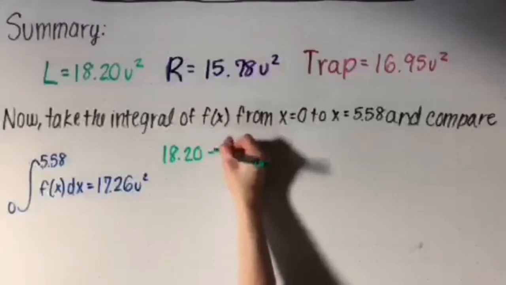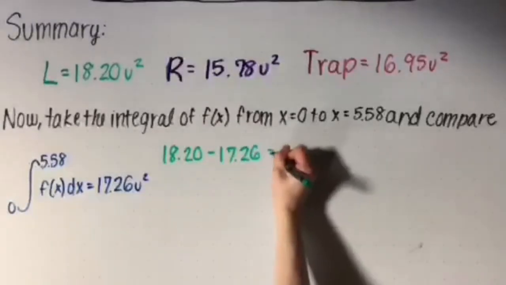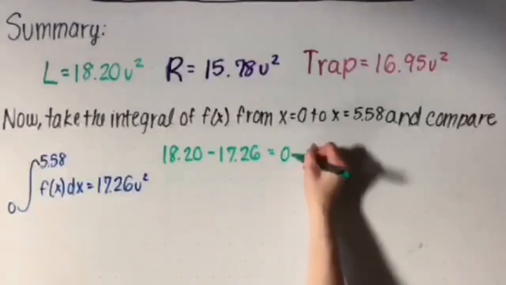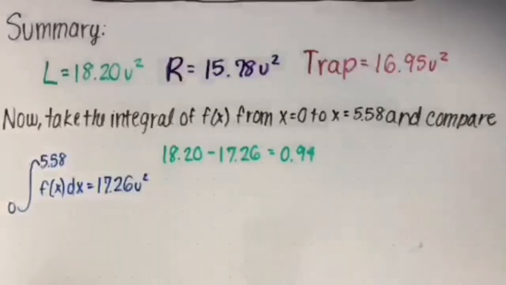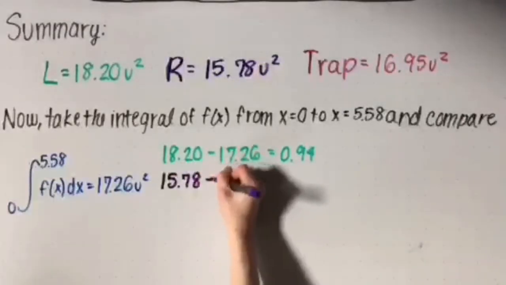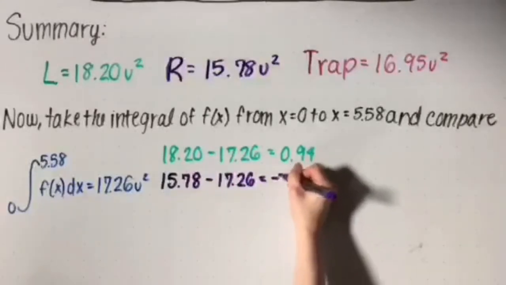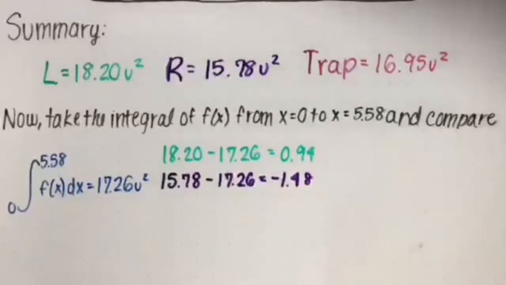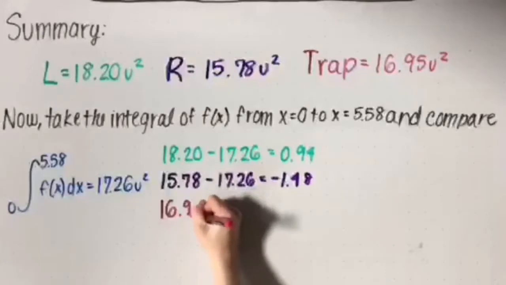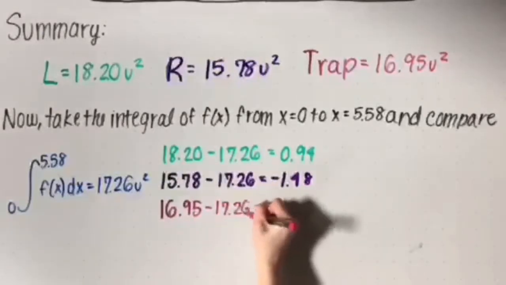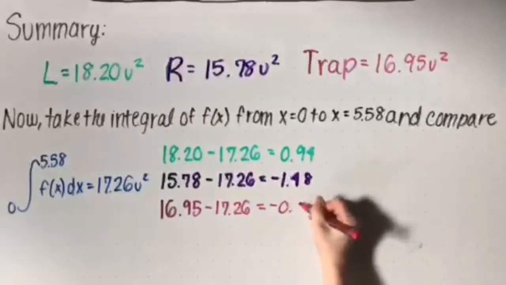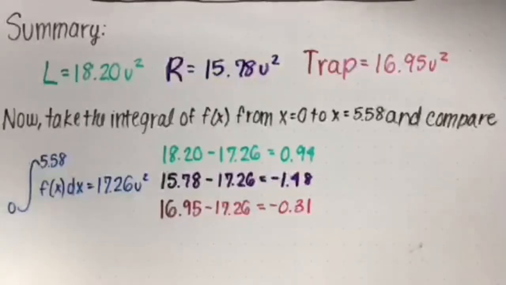Compare that to the left sum value of 18.2 and we get a difference of around 0.94 units squared. The right sum value is 15.78 and gives us a difference of about negative 1.48 units squared. The trapezoidal sum value is 16.95 and has a difference of negative 0.31 units squared.